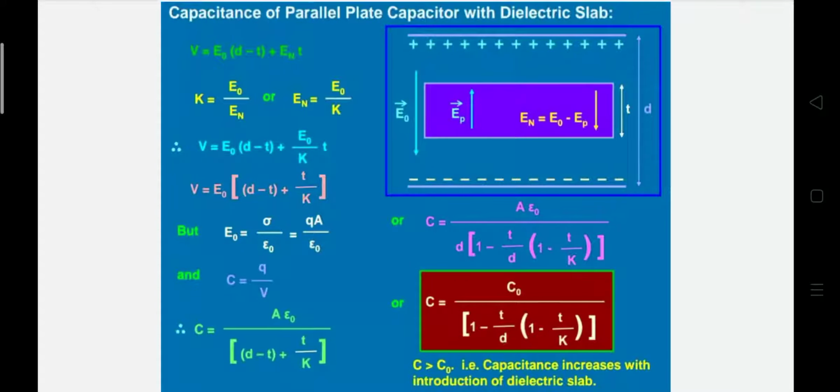In this above expression, if we put T equal to 0 and K equal to 1, we get the formula C naught equal to epsilon naught A upon D. If there is a slab of material with K equal to infinity and thickness T between the plates, then the capacitance will be C is equal to epsilon naught A upon D minus T. Okay, if a dielectric material of infinite constant is placed between the parallel plate capacitor, then C is equal to epsilon naught A upon D minus T.